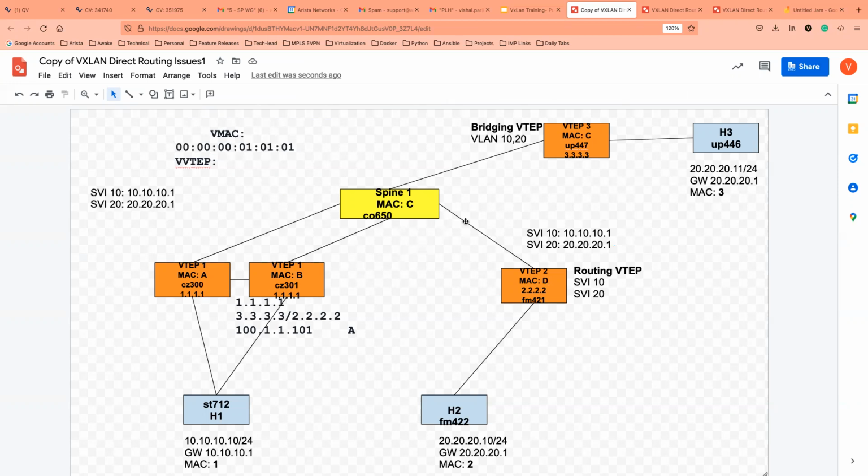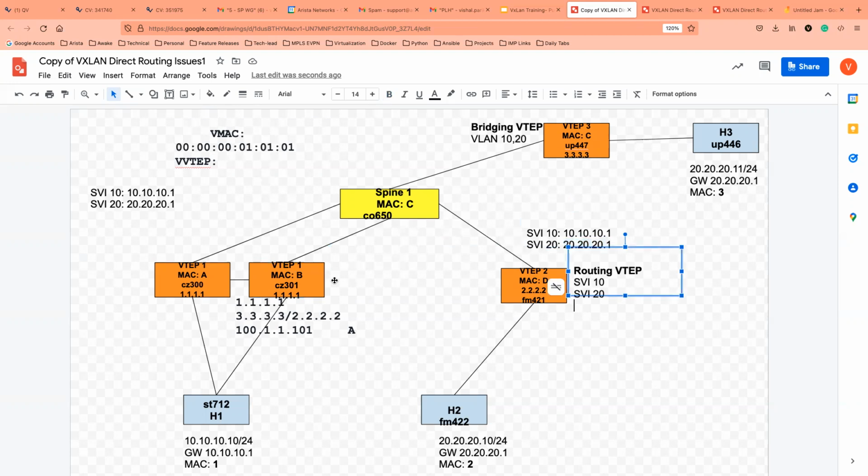Before VMAC, once both VTEP 1 and 2 reply to H3, we'll see duplicate packets there on H3. Yes, you are right. Basically what we'll see on H3 is that VTEP 1 is also replying, VTEP 2 is also replying, so you will see multiple packets on H3. But now the problem where the gateway was associated with different physical MACs will not be there, because everyone will say that to reach the gateway, you have to send the packet to the virtual MAC.